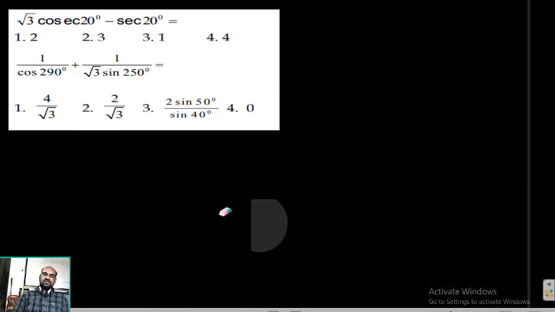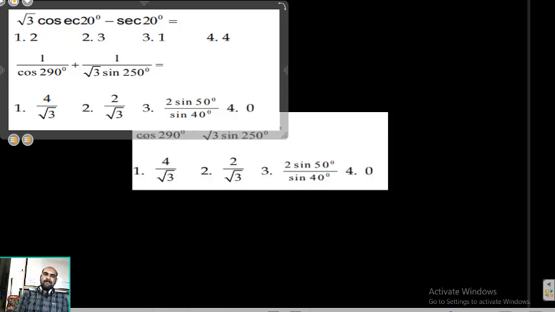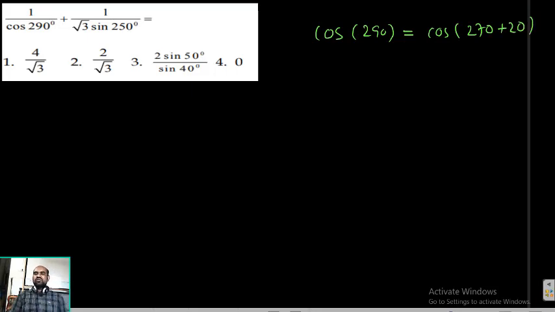Students, next question. First of all, I want to find the simplified value of cos 290, which equals cos of 270 plus 20. 270 plus 20 is in the fourth quadrant, cos is positive, and 3 into 90 is an odd multiple, so we will get sin 20.